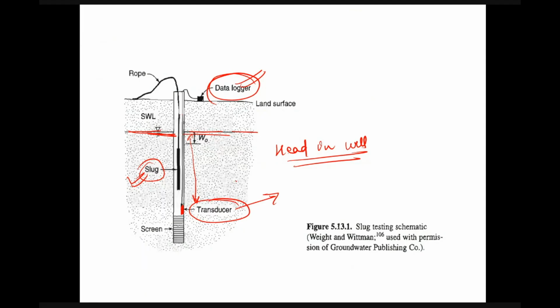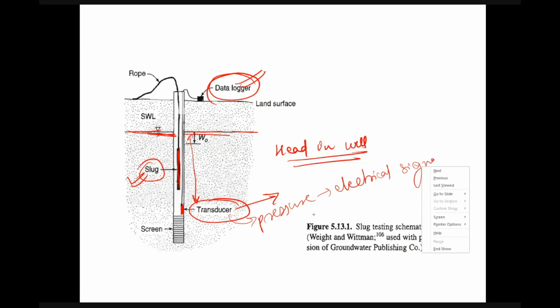Okay, so here I have a diagram of this slug test. This black rod is a slug. And then we have a transducer. What the transducer basically does is measure the pressure and convert this pressure into electrical signals that are recorded in this data logger kept on the surface.